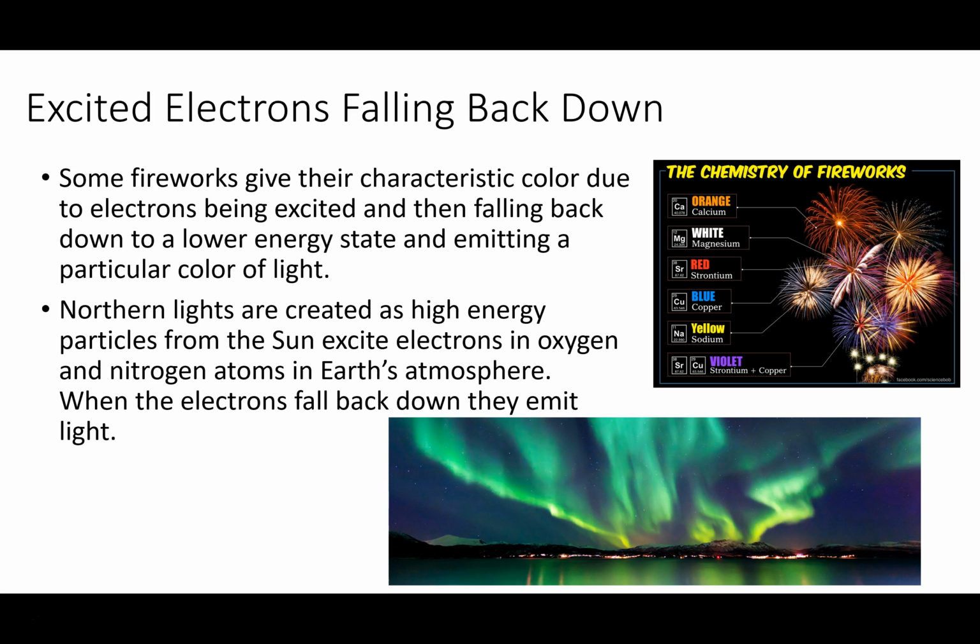Another place where we have this sort of emission of light because electrons were excited is this, which is on my bucket list to see. Anybody who's seen some good northern lights or southern lights? The way they work is you have to be, we're a little bit south of the North Pole to see them. But if you get closer to the North Pole, as charged particles from the sun overload the Earth's atmosphere, they fall through.